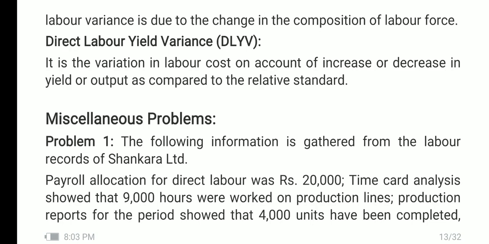We have to understand the information may not be directly given. On the basis of the given wordings, we have to decide whether the given figures are actual figures or standard figures. Production reports for the period showed that 4,000 units have been completed, that is actual output is 4,000 units.